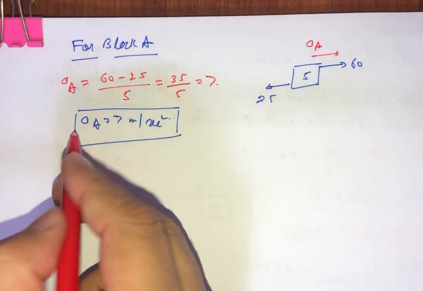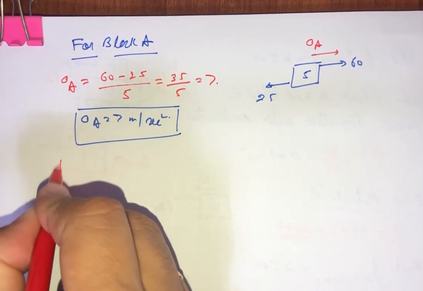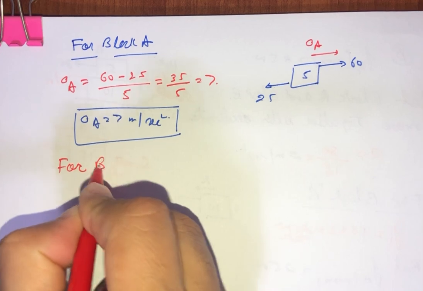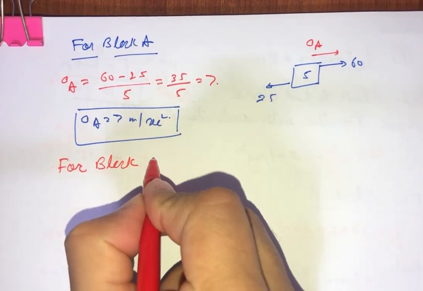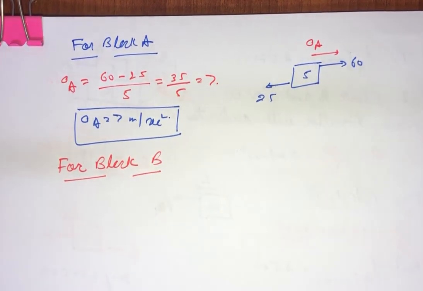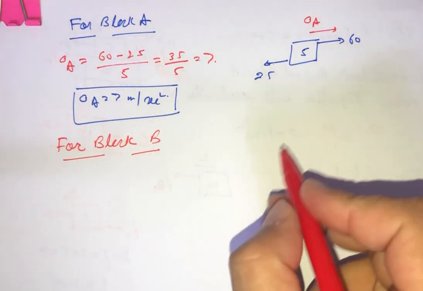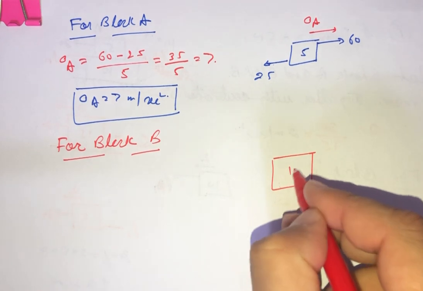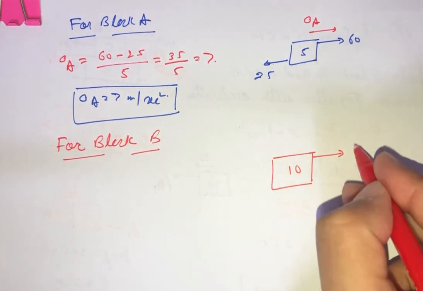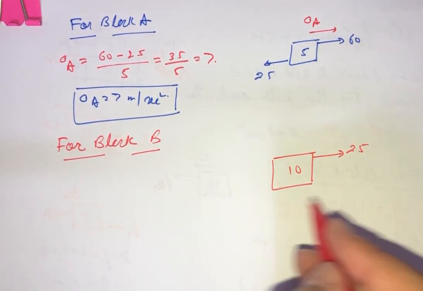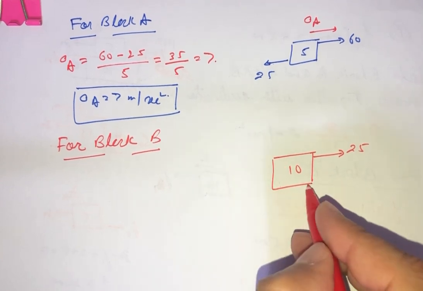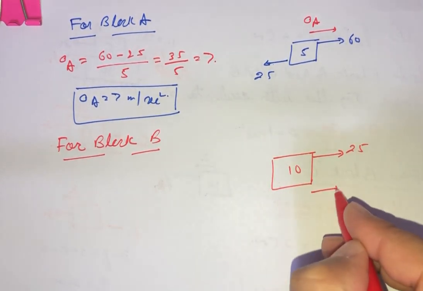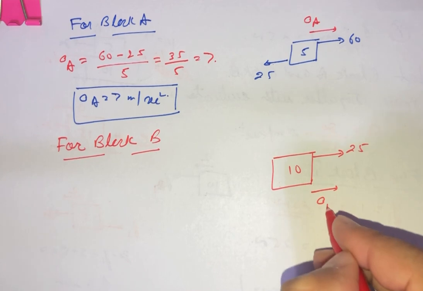And for block B, in the forward direction the force is 25, and it is smooth, so there is no need for a frictional force.